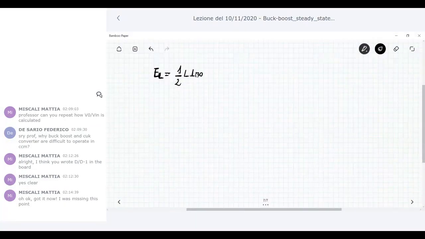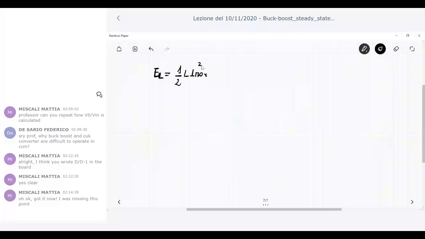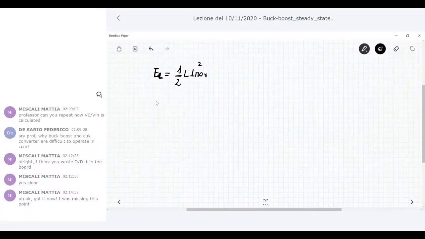So we can have this kind of expression. The energy which is stored in an inductor is 1/2 the value of the inductance multiplied by the peak current at the end of the time interval T1. So in the charging phase, you have this energy.